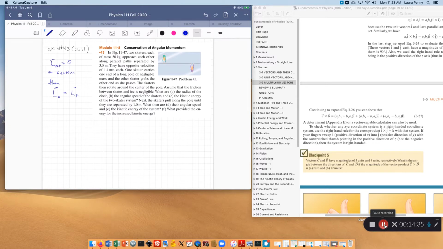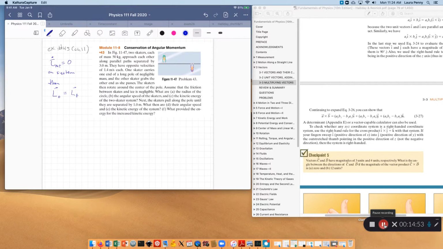Again, this is very similar to collisions, where if the net external force on the system was 0, then P initial was equal to P final. But now we have angular momentum and torque.